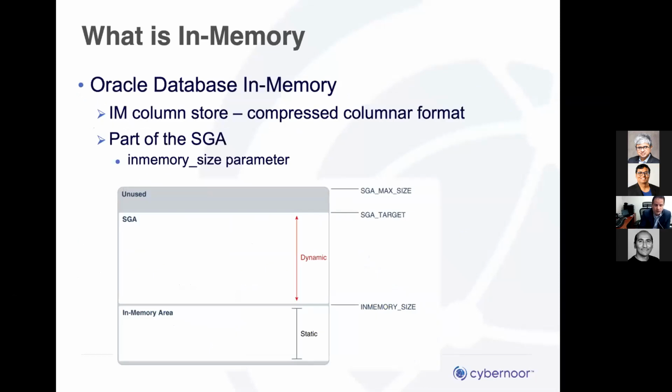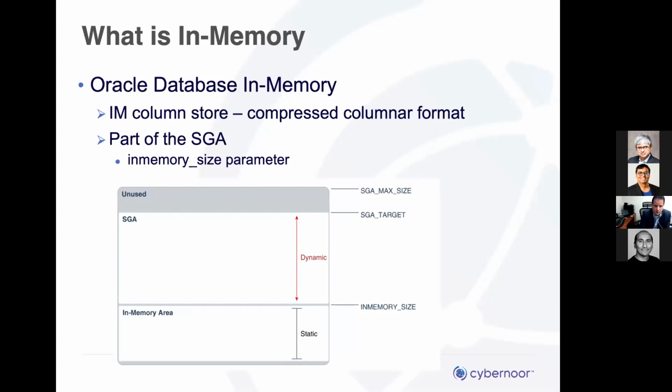So real quick, I'm sure the in-memory piece was covered in detail in yesterday's sessions, but just for those of you who may be new to the feature, or maybe familiar with the applications but not too familiar with the database feature itself. Essentially, the way database in-memory works is there's an in-memory column store, which stores data in a compressed columnar format. It's part of the SGA.